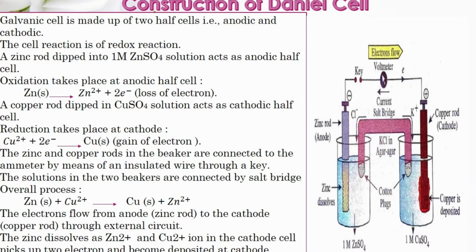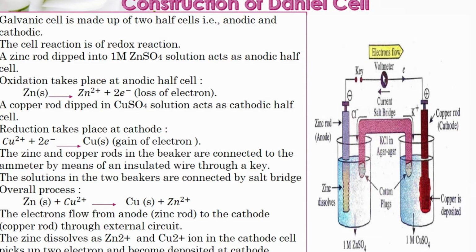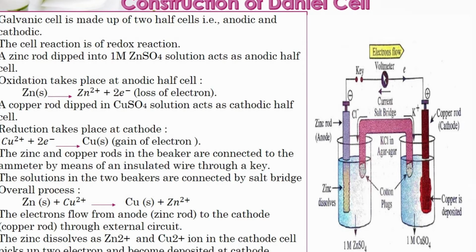The fourth observation is that the concentration of Cu2+ ions in the copper sulfate solution decreases. As we discussed, the Cu2+ ions gain 2 electrons and get deposited as copper on the copper electrode. So only the concentration of Cu2+ ions in the copper sulfate solution decreases.